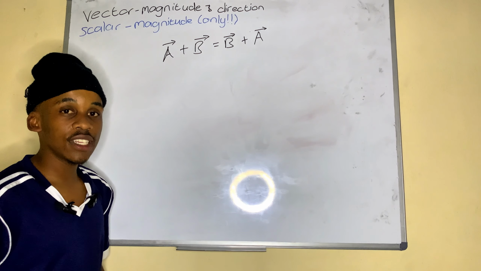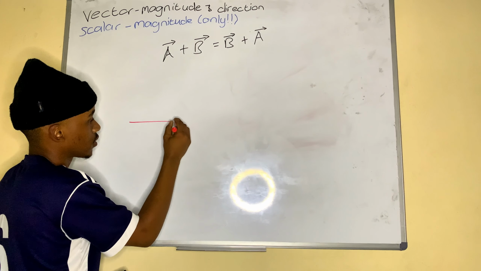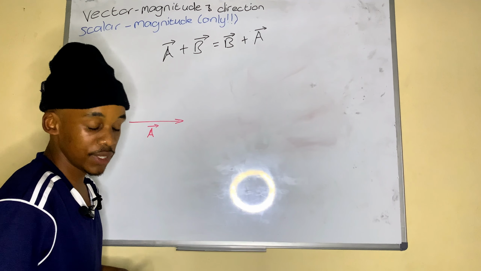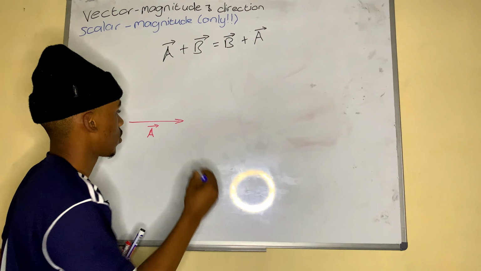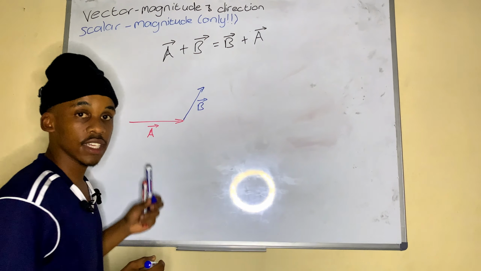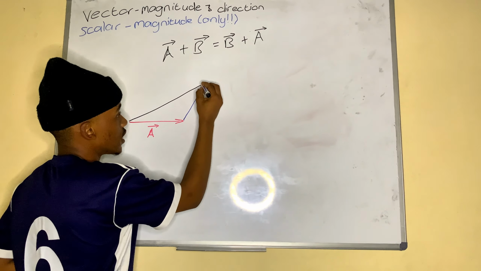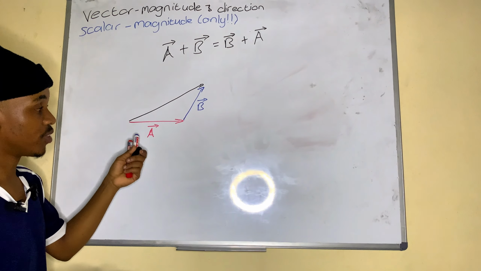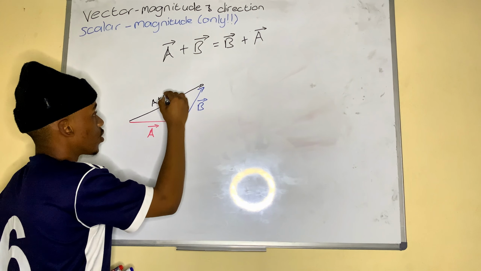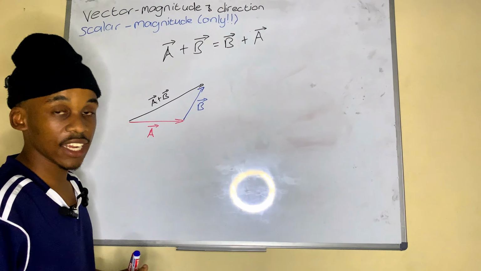These are both equal. To illustrate this graphically, if we have vector A being added to vector B, using the tail to head method, the resultant vector, which is a combination of vector A and vector B, would lie in that direction.